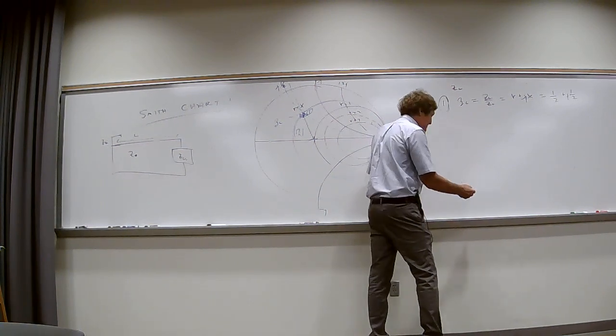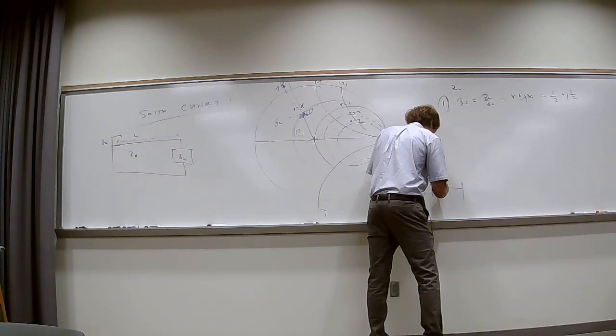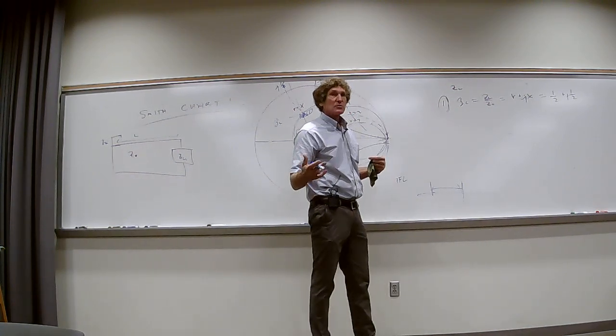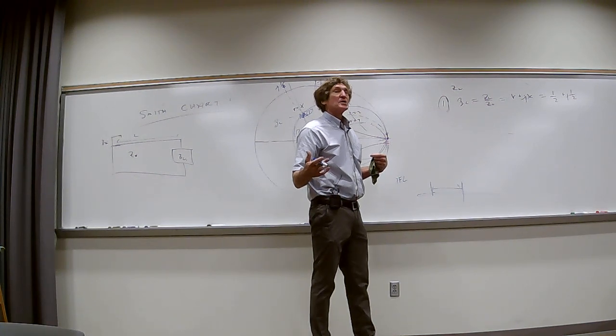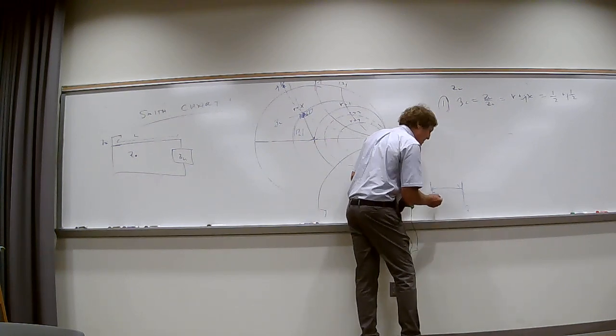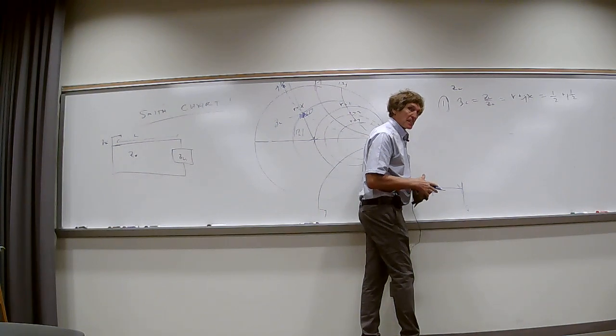What you end up doing is measuring the length of that line on this scale, and you're going to see the longer the line, the closer the reflection coefficient should get to 1. I usually start in the center, and the longer the line, the closer the reflection coefficient is to 1. Can you all see that?